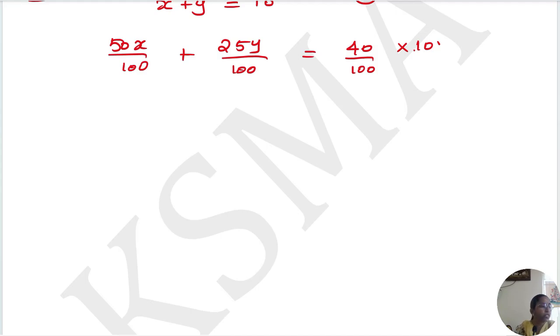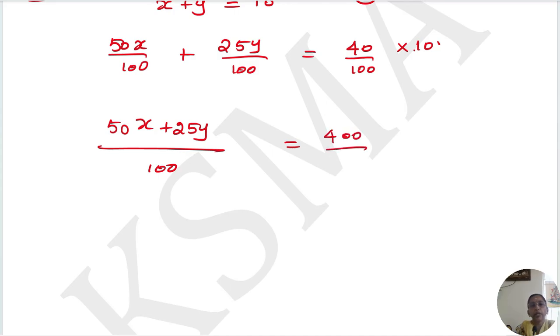Now frame your equation: 50x plus 25y equals 400 divided by 100. You can cancel by a common divisor. So 2x plus y is equal to 16. This is our second equation.